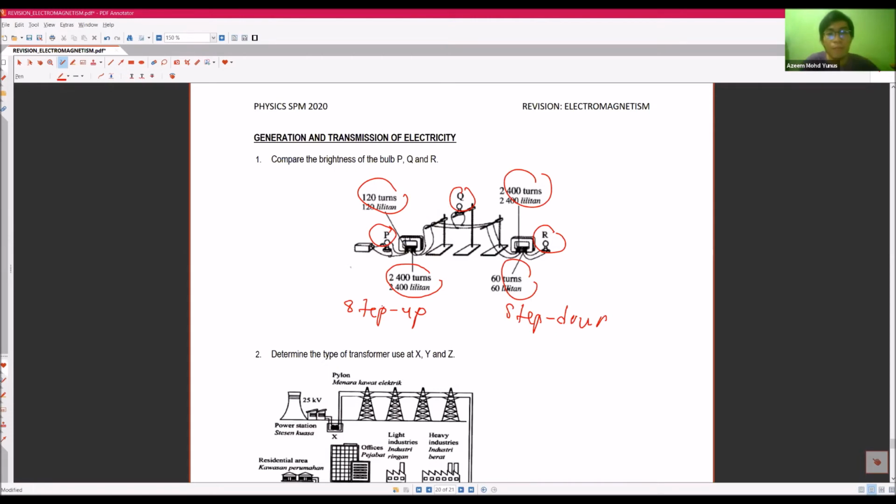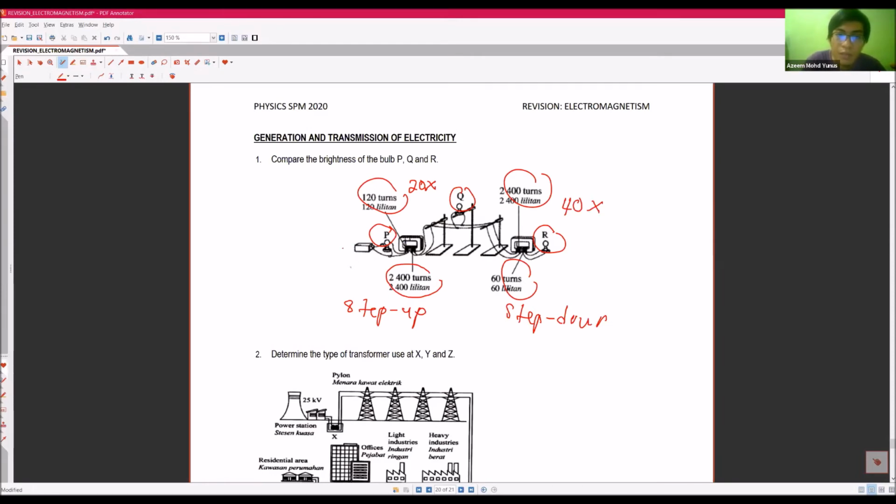We only have 2 transformers. We need to compare the brightness. So 120 to 2400, how much did it increase? 20 times. How much was it reduced over here? 40 times reduced.